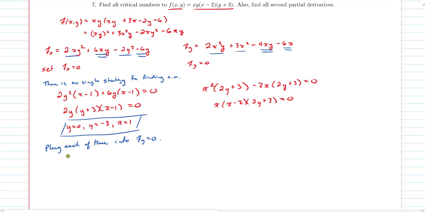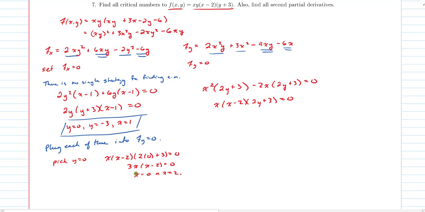All right, so if we plug each of these, let's go ahead and pick y equals 0. We plug that into f sub y. If I plug y equals 0 into that, that would leave me with x times x minus 2 times 2 times 0 plus 3 equals 0, or just 3x times x minus 2 equals 0. So that happens if x equals 0 or if x equals 2.